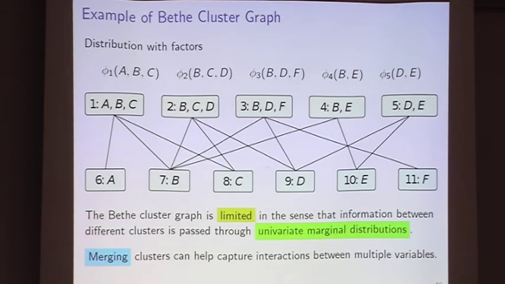So let's see this for a particular example. We have a joint distribution that factorizes as the product of these factors. I have 2 layers of nodes, one layer which contains 1 node for each factor, and then another layer that contains 1 node for each random variable in the joint.